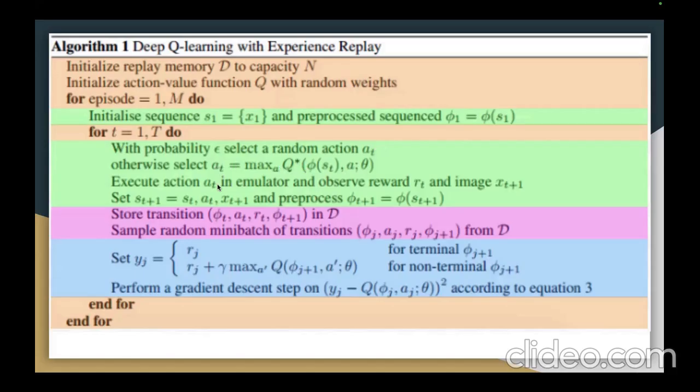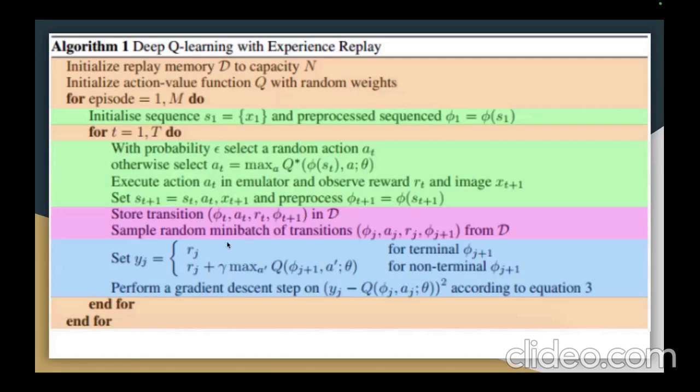Basically, we ask the robot to take the action in the environment and observe the reward r_t and the next state s_{t+1}. And we store the transition s_t, a_t, r_t, s_{t+1} in D.